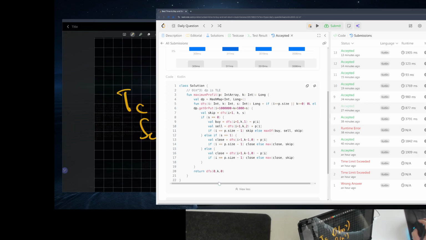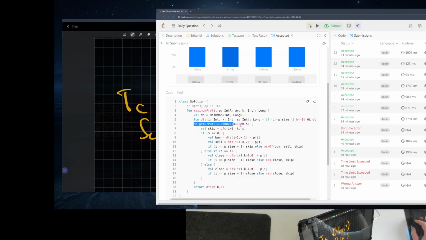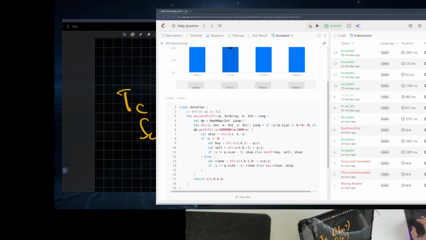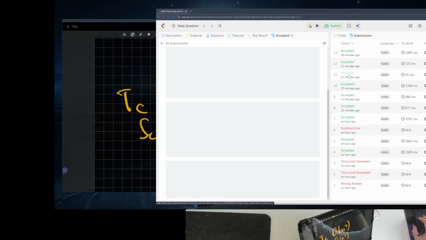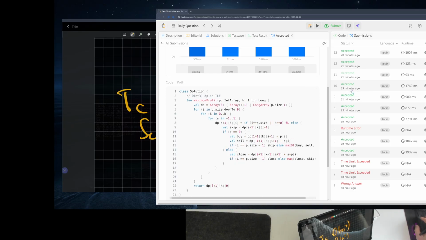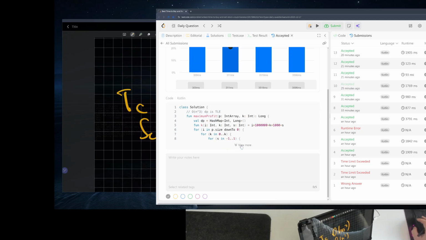And now we can speed this up by rewriting the same depth first search with an iterative loop. You can watch how I did it, and here it is. Okay, let's look at this solution.